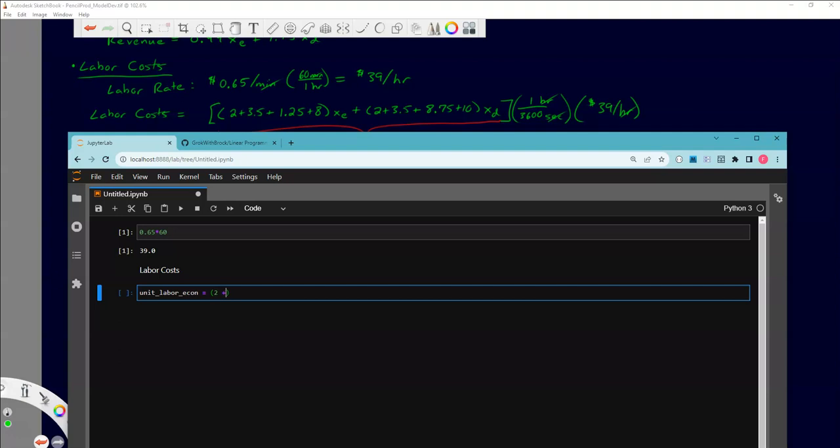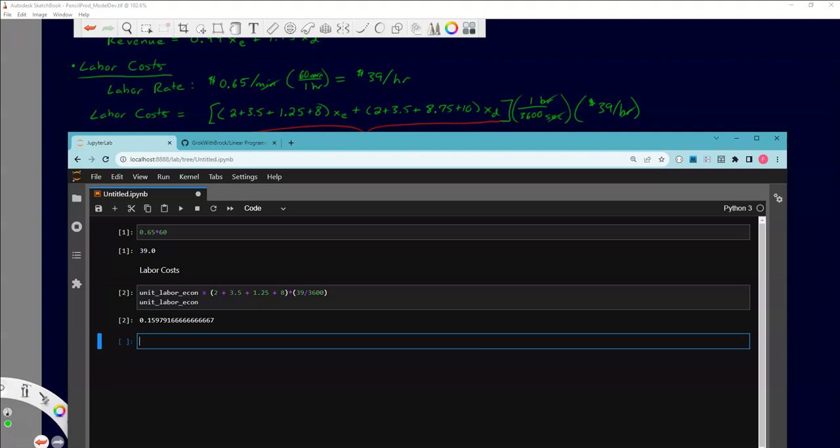And so it's 2 plus 3.5 plus 1.25 plus 8 times 39 divided by 3600. And we'll just print out what that value is. And so I ended up with 0.1598 for my coefficient that'll be in front of x sub e.